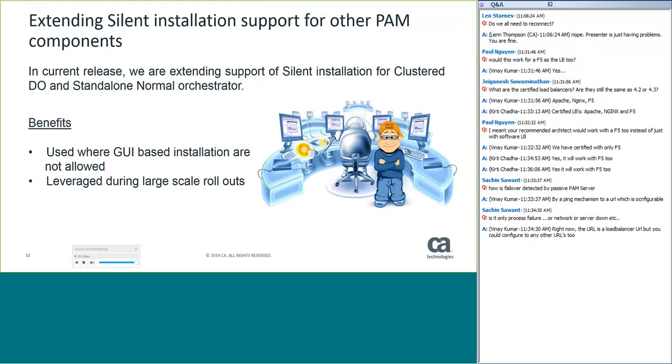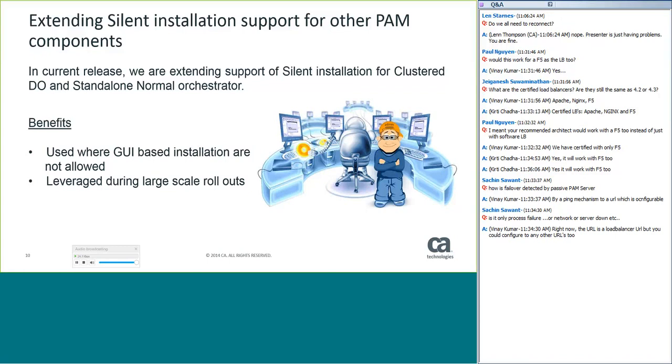Now I'll show you the demo, but before that, we have a few input files to install either the non-domain orchestrator or the domain cluster nodes. Those are called response files. For both we have different response files to be inputted to the silent installation batch file or the SH file, depending upon the operating system.